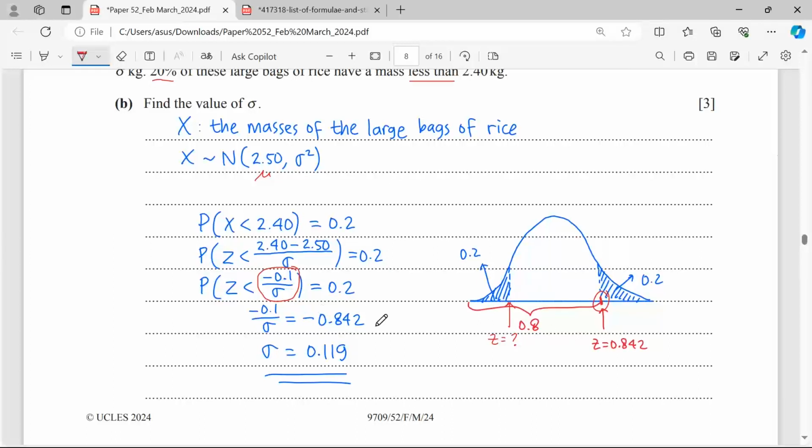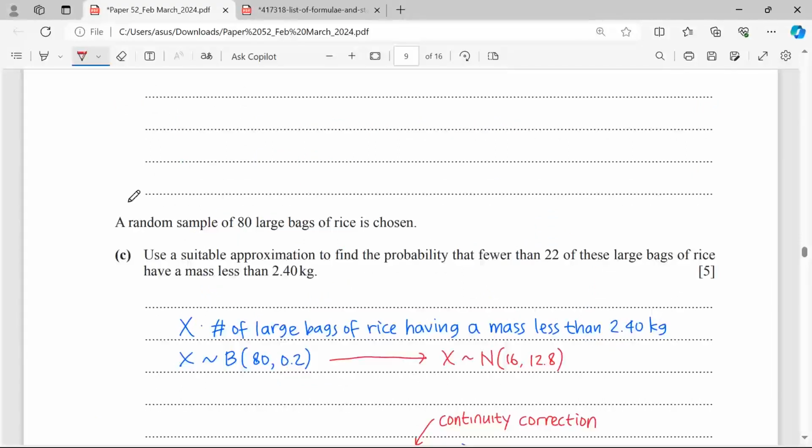This one is positive 0.842, and this one is the same actually, but it is a negative version. So negative 0.842. And we get negative 0.1 over sigma is the following. So that means sigma is 0.119. Okay, the next one, a random sample of 80 large bags of rice is chosen.